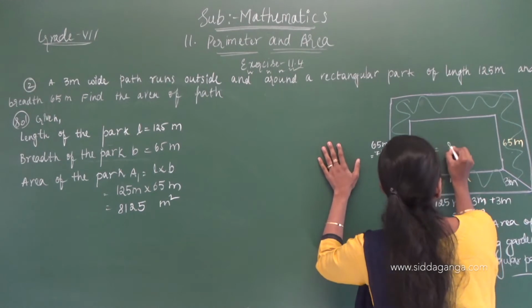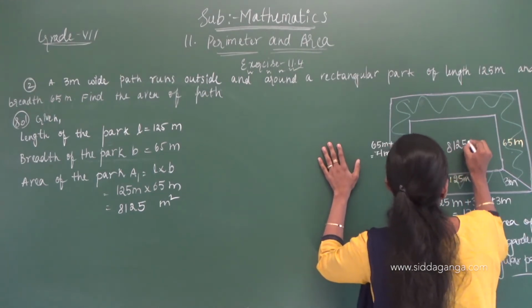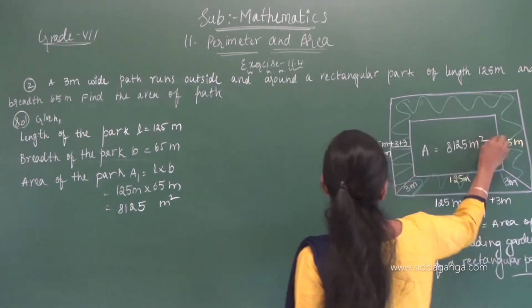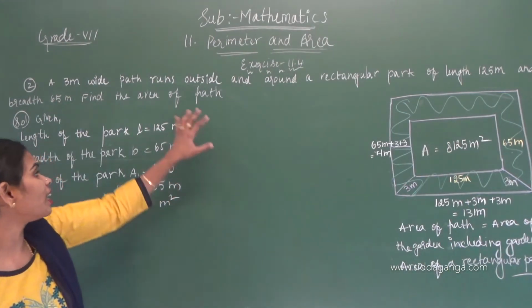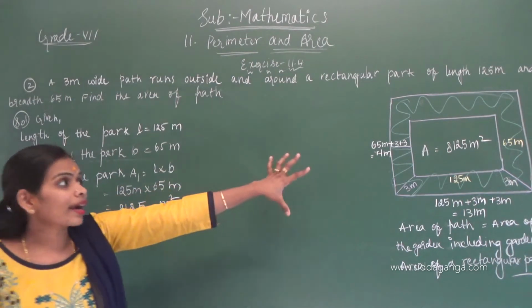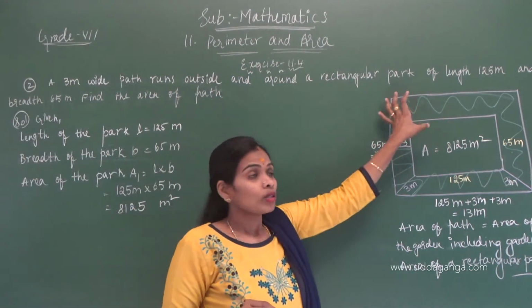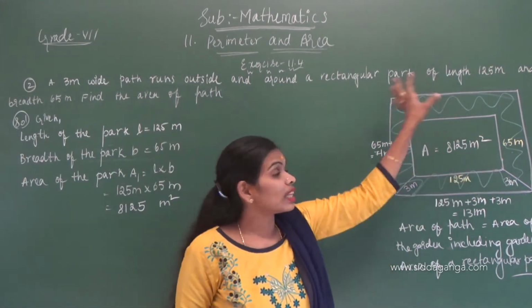A equals 8,125 meters square. Correct? Just now, what do we have to find? We have to find the area of the total rectangular part with these paths.